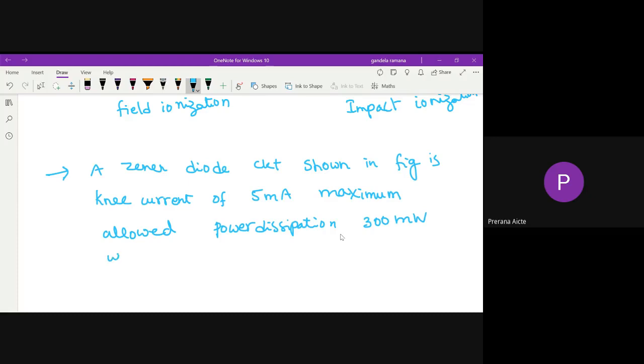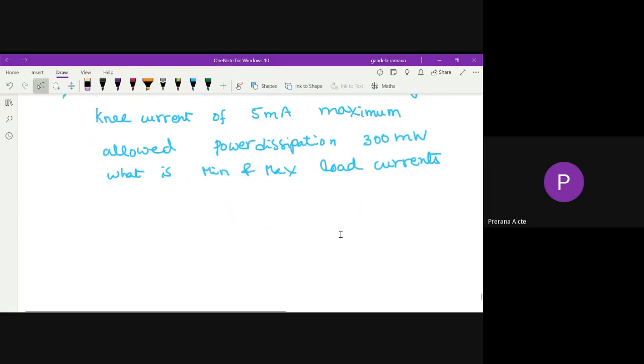What are the minimum and maximum load currents to maintain V naught at 6 volts?